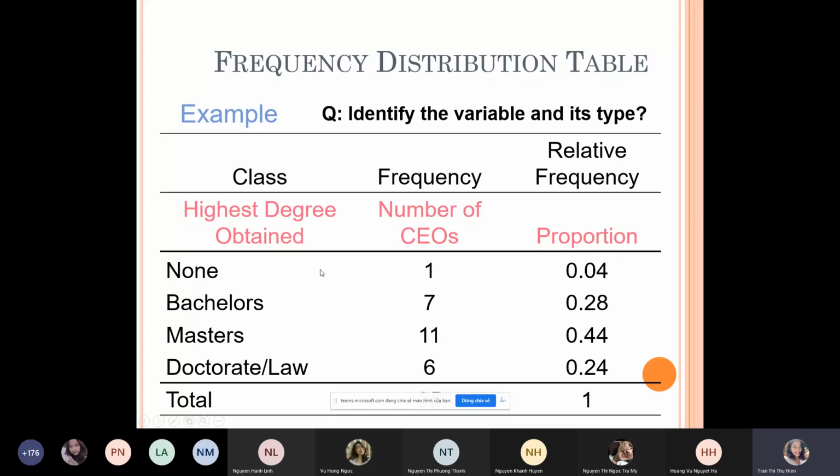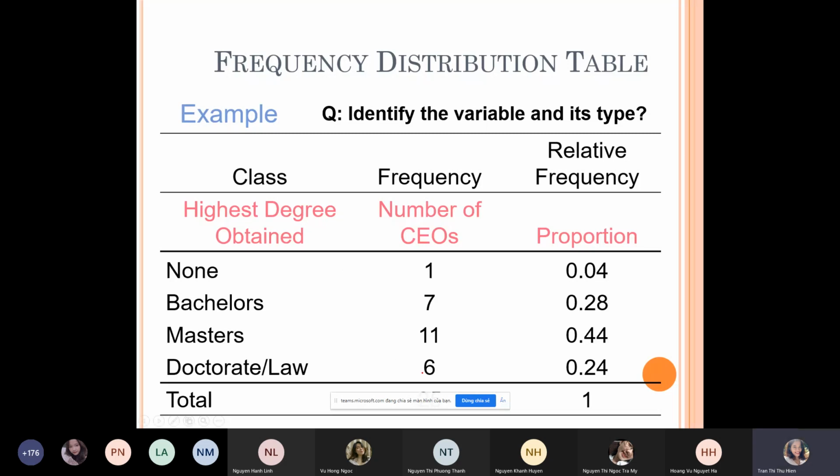The variable is the class of degree for the whole population: bachelor, master, or doctorate. Then for your group, we have 7 bachelors, 11 masters, and 6 doctorates.